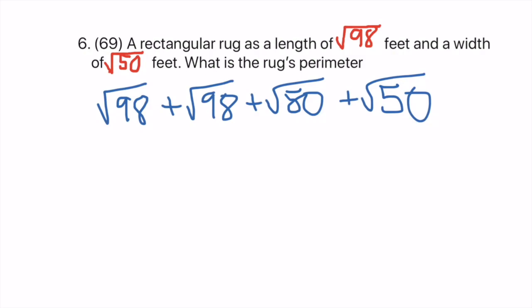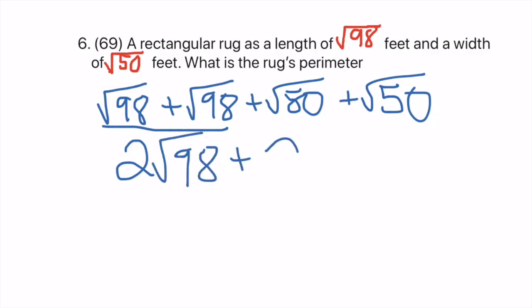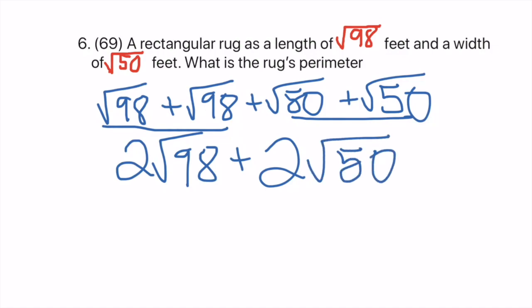So we need to simplify all this because right now you can't combine all 4 of them. So we can at least combine these two. We have 2 root 98 plus 2, and these are both 50, so root 50. But now we can't combine these because one's root 98, one's root 50.